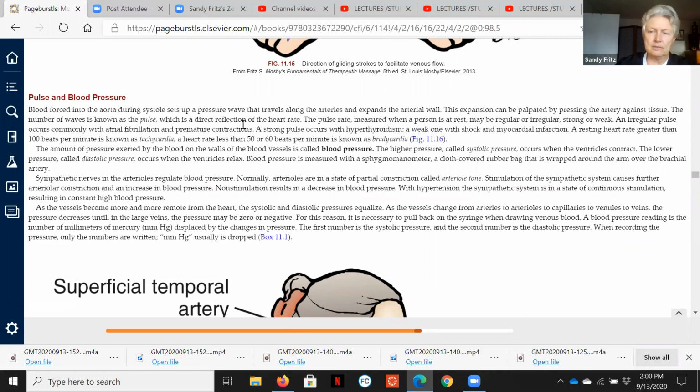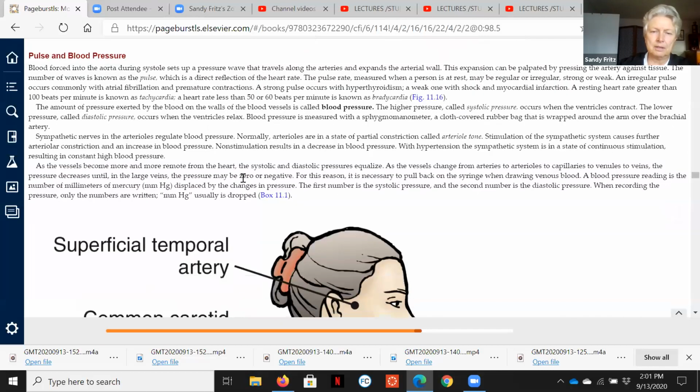I check pulses a lot, and I compare one side to the other, and I want them to be fairly even. If there's enough of a discrepancy that I can feel it, that would be an indication for a referral. Something is going on with the distribution of the blood.